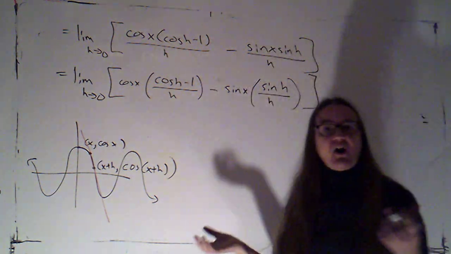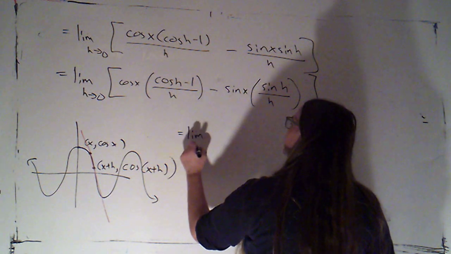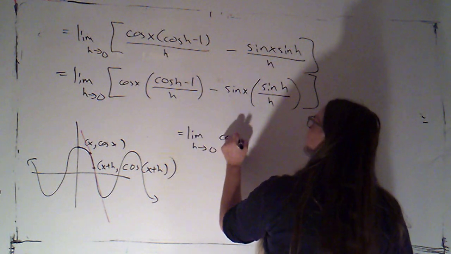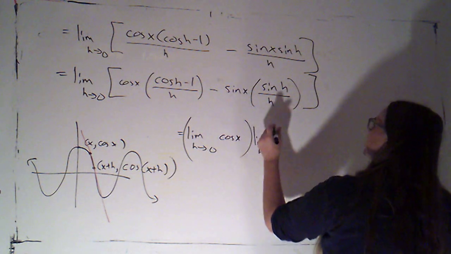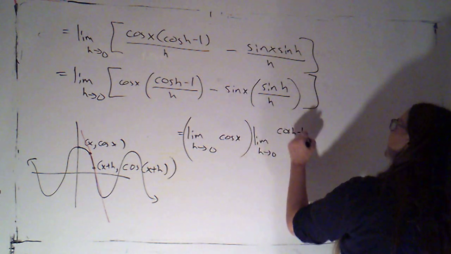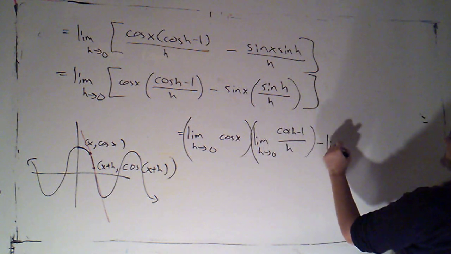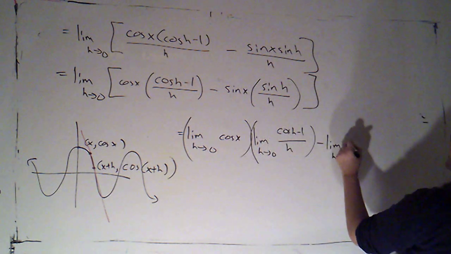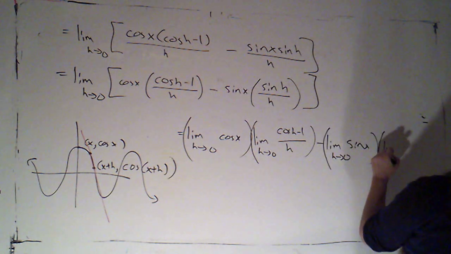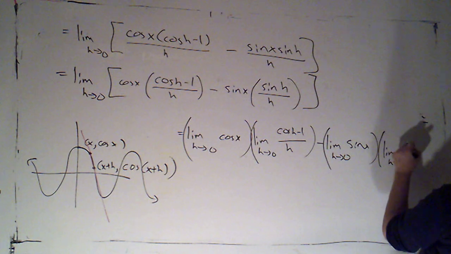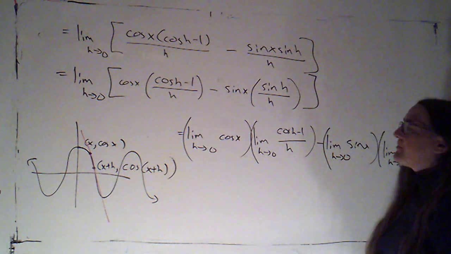I'm going to use my product and difference rules for limits and say this is the limit as h goes to 0 of cosine of x times the limit as h goes to 0 of cosine h minus 1 over h, minus the limit as h goes to 0 of sine x times the limit as h goes to 0 of sine h over h.